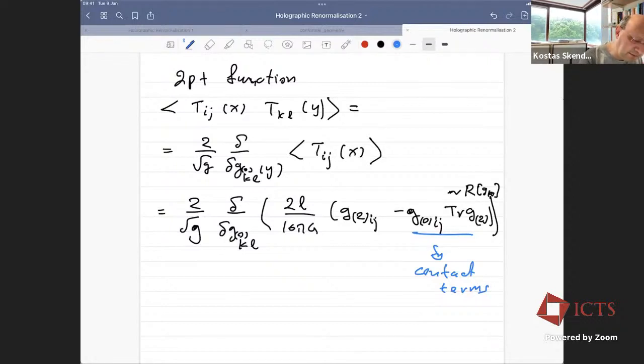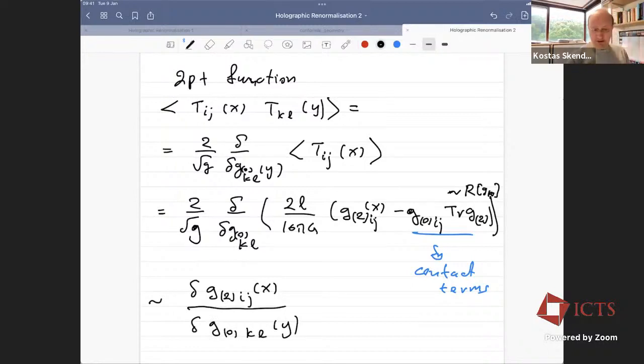They are computable, they're there, but the more interesting part is the term with the non-local contribution. For the non-local term, we need to understand the response of the system, the relation of G2 with G0.